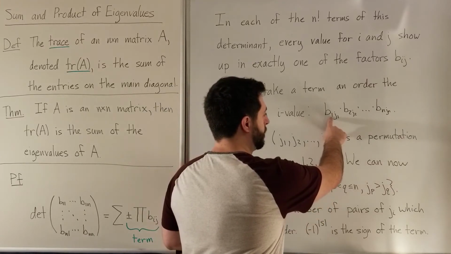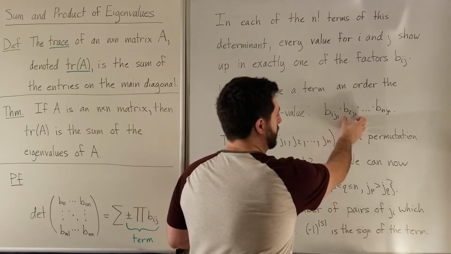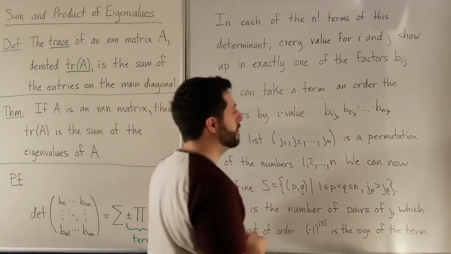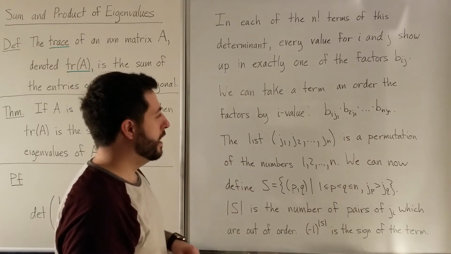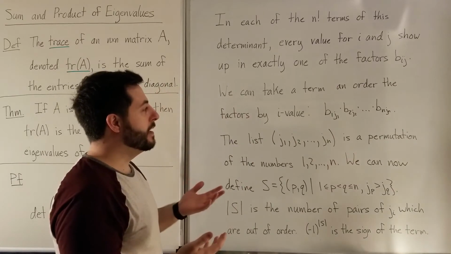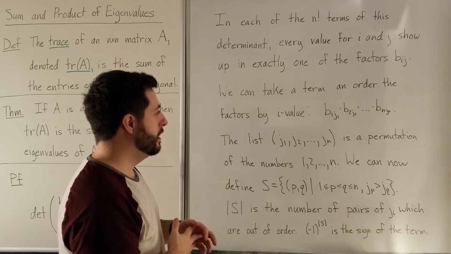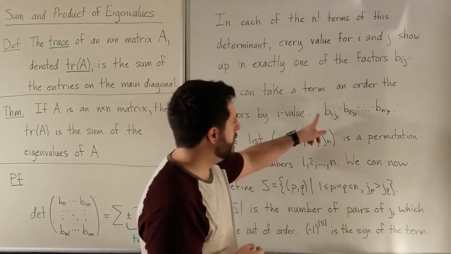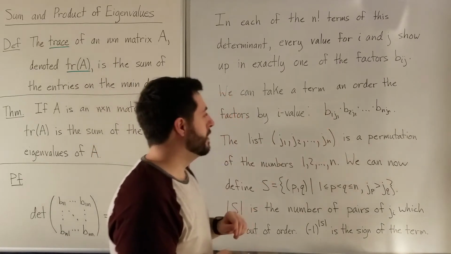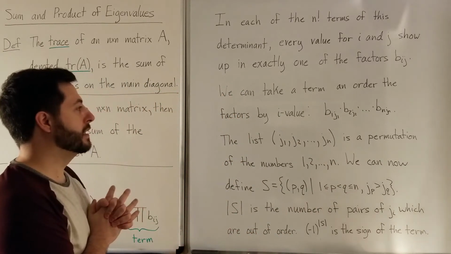So we're going to put the first row's factor here, the second row's factor here, and down to the nth row's factor. The column that these came from is just going to depend on which term we're looking at. I've ignored the plus or minus sign here, so this isn't quite the entire term, but it would be if there was a plus or minus sign.